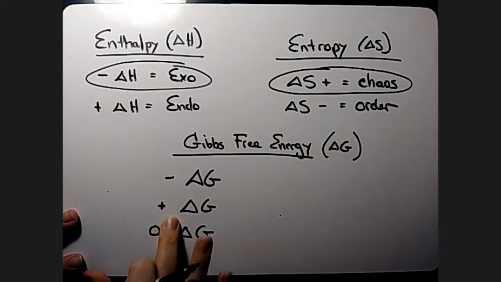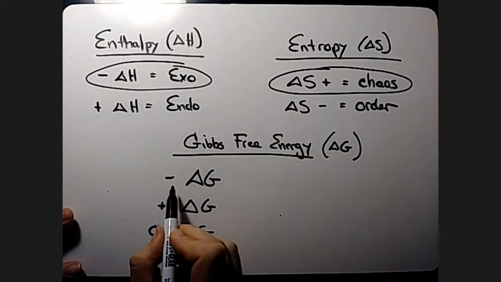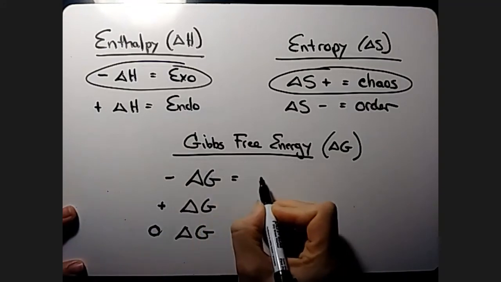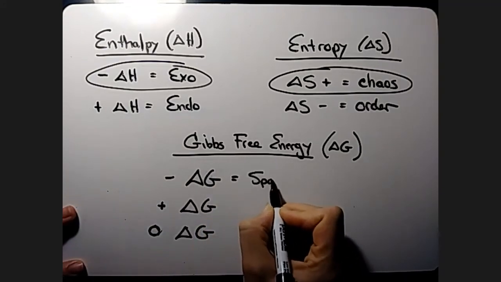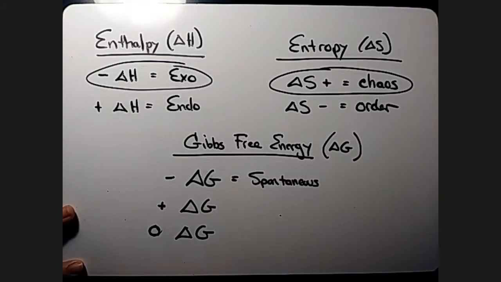All three of these different conditions imply something pretty specific thermodynamically about your chemical equation. When delta G is negative, you are going to be dealing with a spontaneous chemical equation. So that reaction will proceed on its own without very much intervention at all. You won't have to force the reaction to proceed forward.